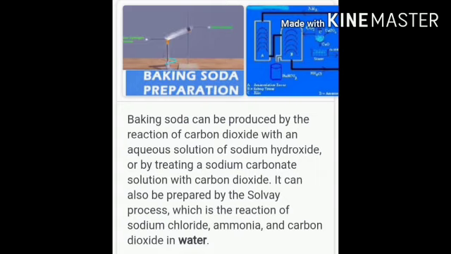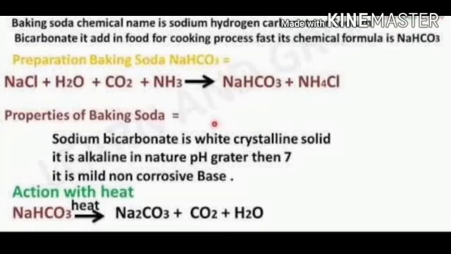When sodium chloride reacts with water, carbon dioxide and ammonia, it forms the compound sodium hydrogen carbonate, commonly called baking soda, along with ammonium chloride. Here you can see the reaction taking place in the formation of sodium hydrogen carbonate, that is baking soda.